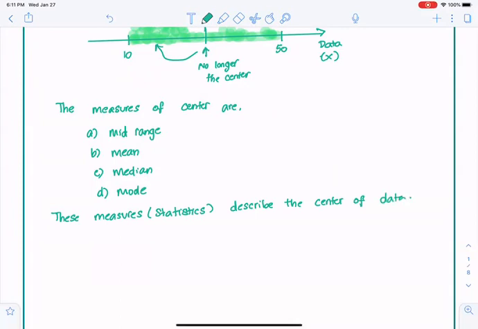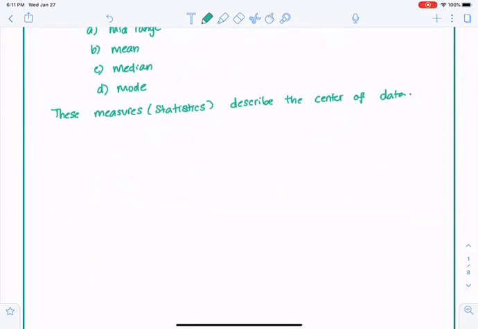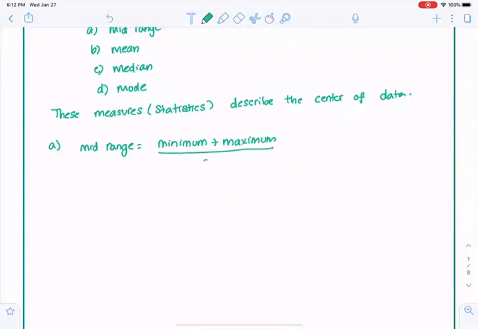The simplest of them is the mid-range. What is the mid-range? The mid-range is simply the average of the minimum value and the maximum value. Minimum means the smallest observation in the data, maximum is the largest observation, and we add them together and divide by 2 to get the mid-range.